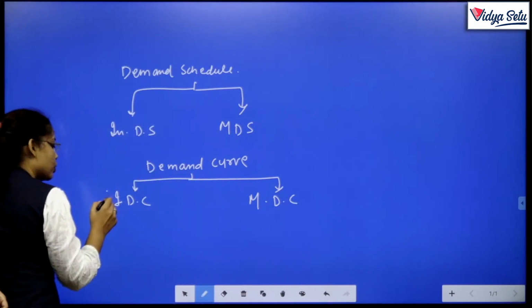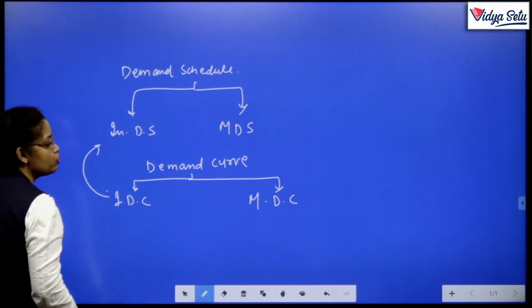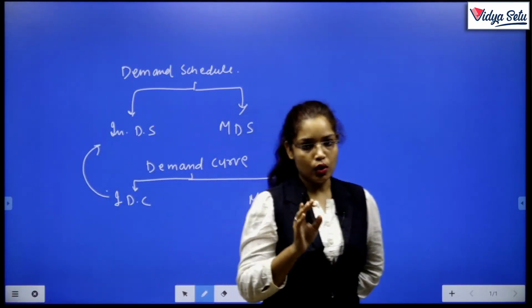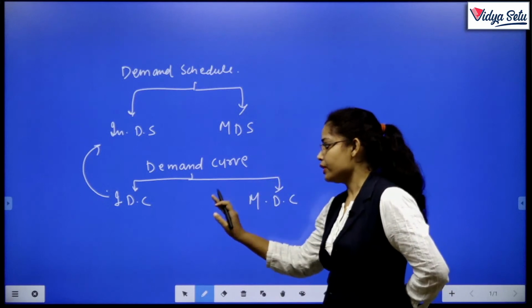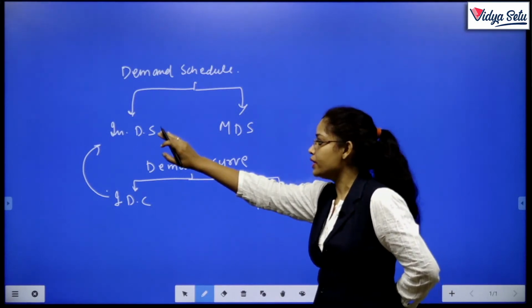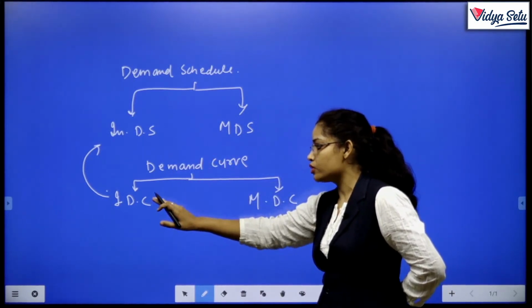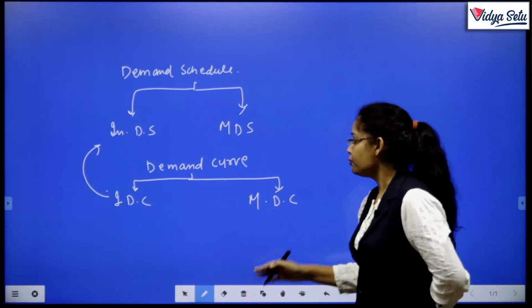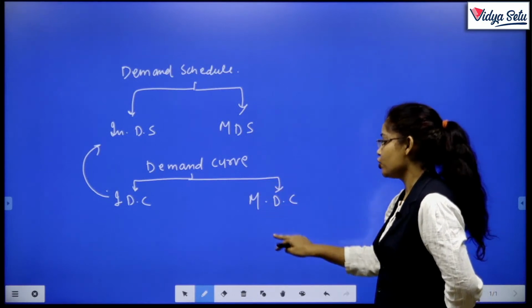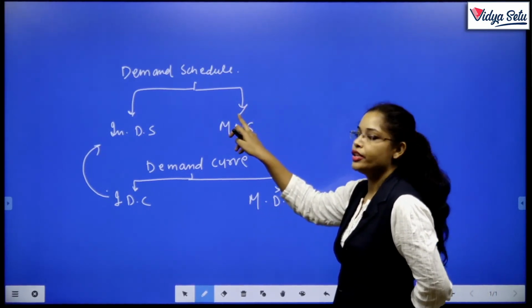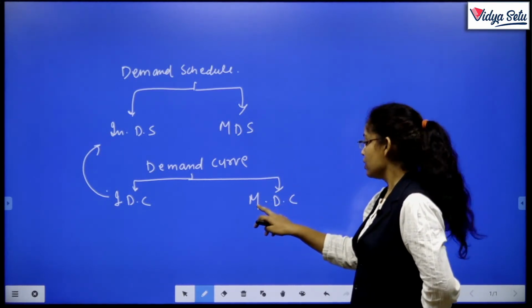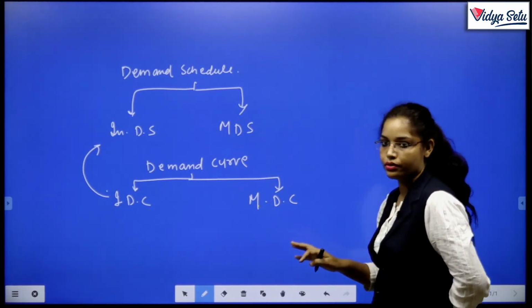If we draw the graphical representation of the individual demand schedule, then it will constitute the individual demand curve. Same as that, if we draw the graphical representation of the market demand schedule, then the result will be a market demand curve.